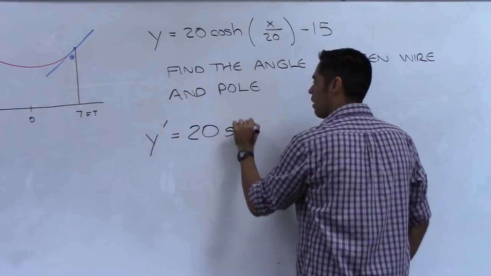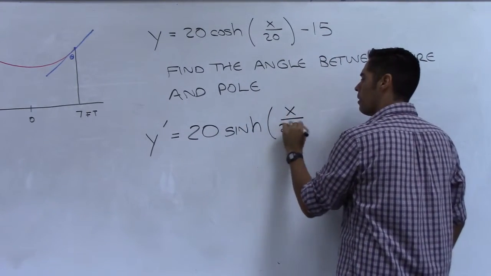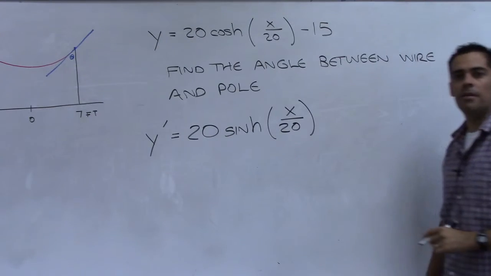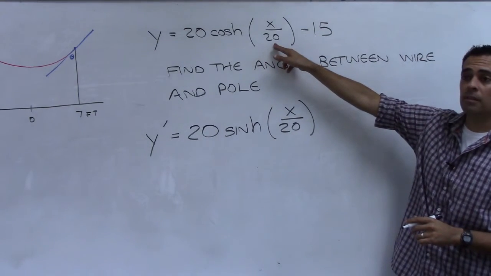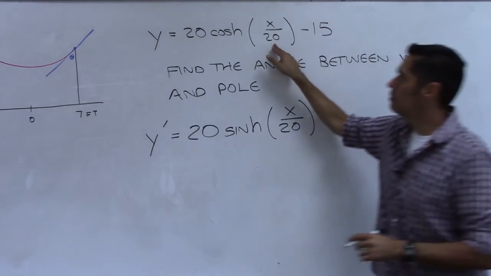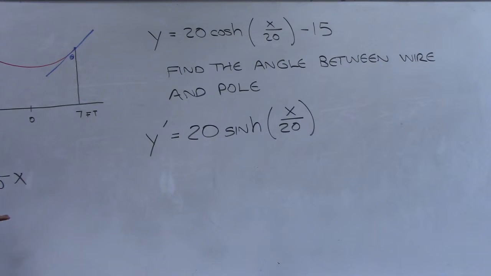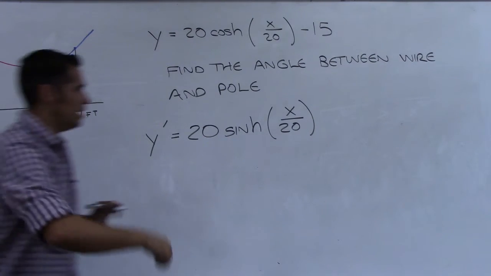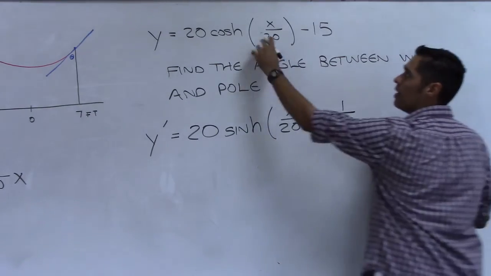Sine hyperbolic of that something. Am I done? No, derivative of what's inside. What's the derivative of 1/20th x? Because that's what x over 20 means. 1/20th. So we need to tack that onto the end.